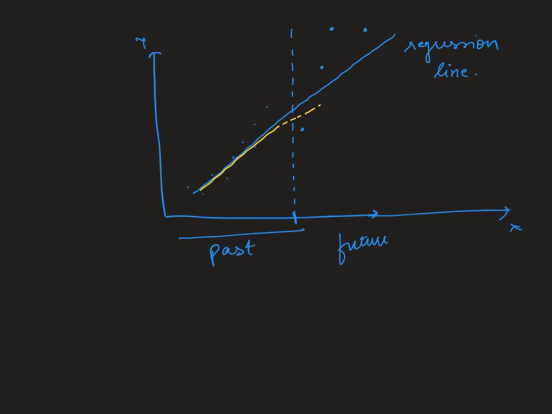Now I am going to just remove this yellow part because now we know why that was our regression line. Actually I just turned to a new page. So now that we have already established what a regression line is, this is the point where the future is starting.